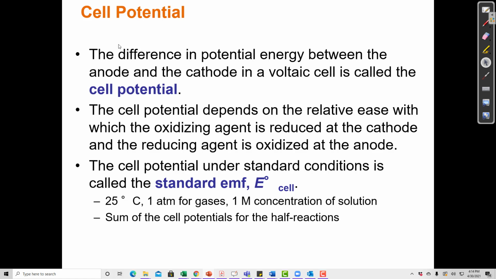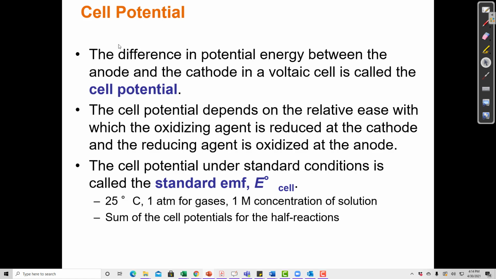The difference in potential energy between the anode and the cathode in a voltaic cell is called the cell potential. The cell potential depends on the relative ease with which the oxidizing agent is reduced at the cathode and the reducing agent is oxidized at the anode.